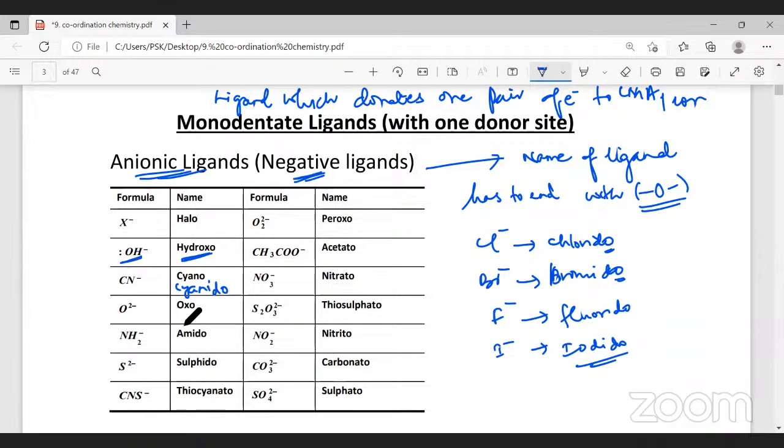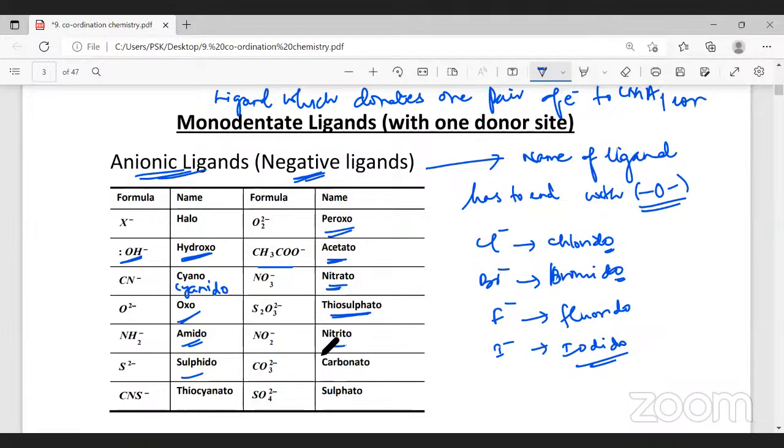O2 minus is called oxo. NH2 minus is called amido. S2 minus is sulfido. CNS minus is called thiocyanato. O2 2 minus is called peroxo. CH3COO minus is called acetato. NO3 minus is called nitrato. S2O3 2 minus is called thiosulfato.